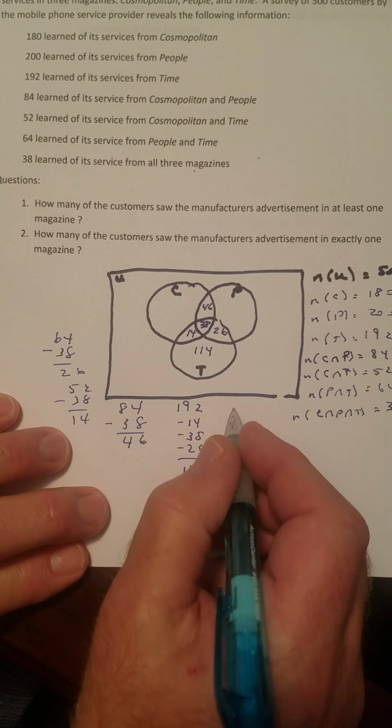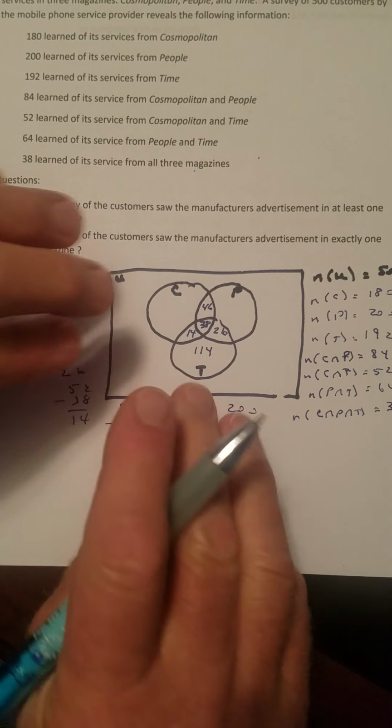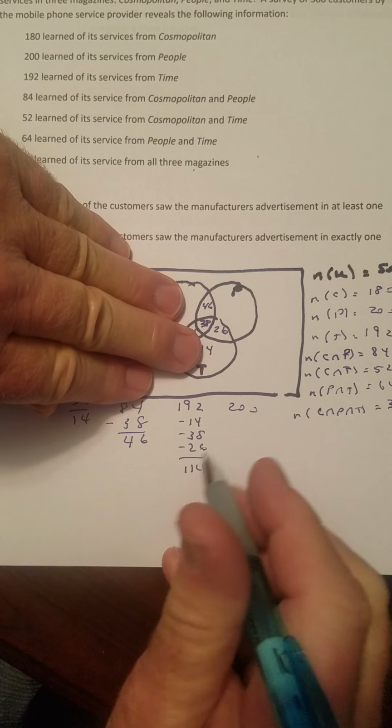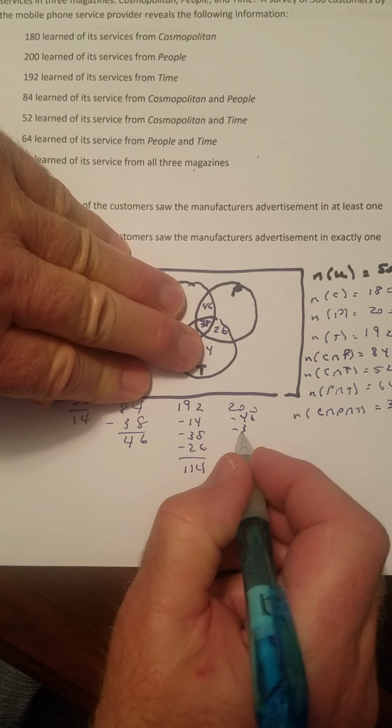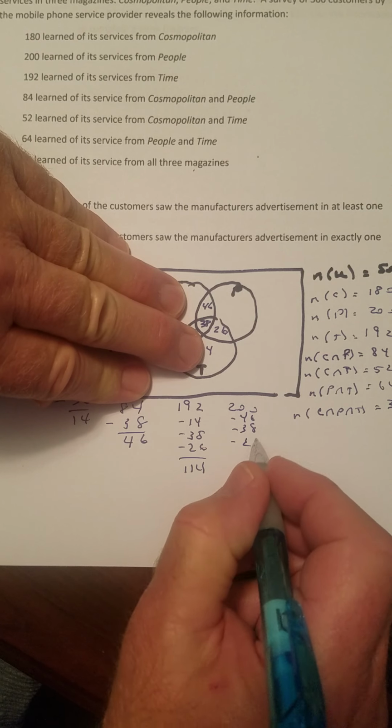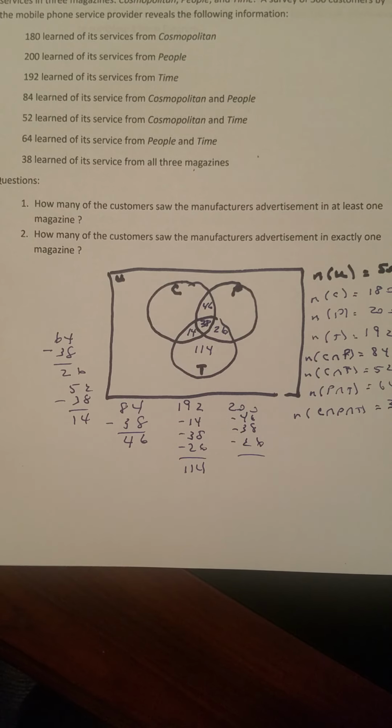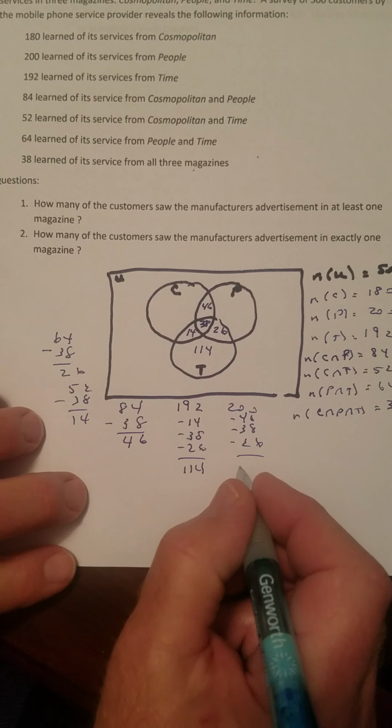Moving up, People's got 200. But I've already got 46, 38, and 26. So I have to subtract those. 200 minus 46 minus 38 minus 26. And that's going to be 90.